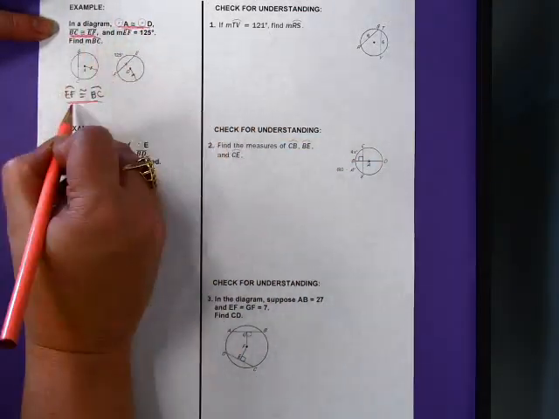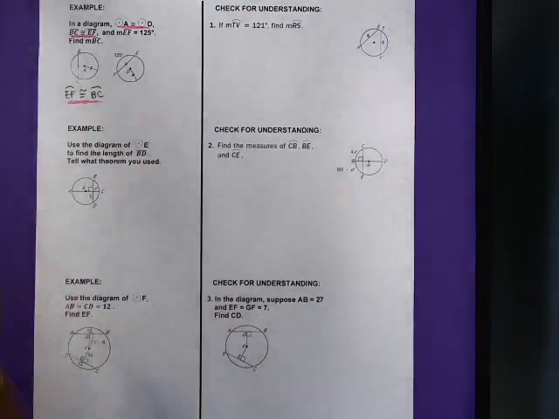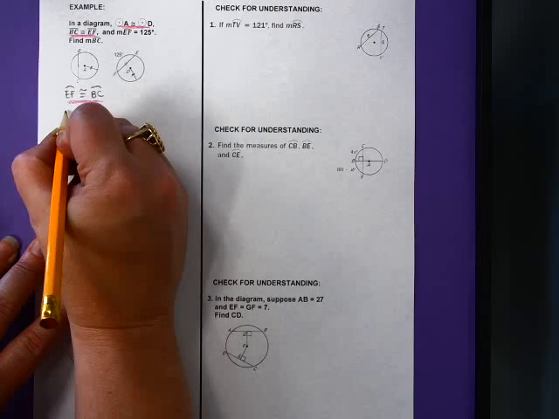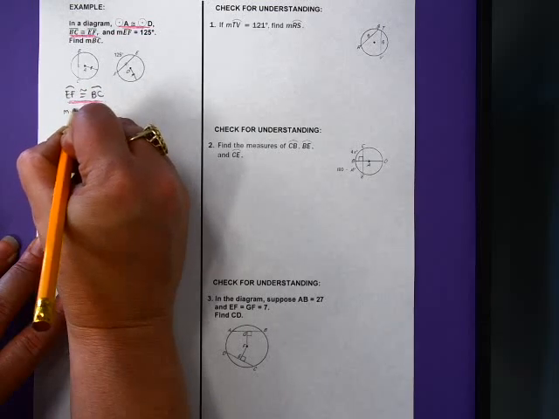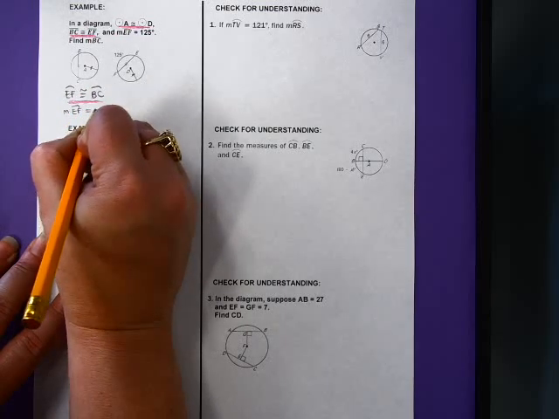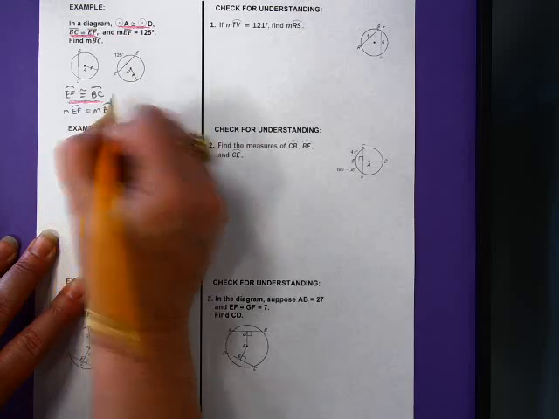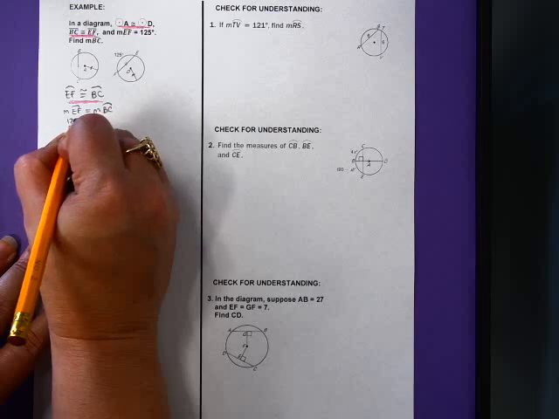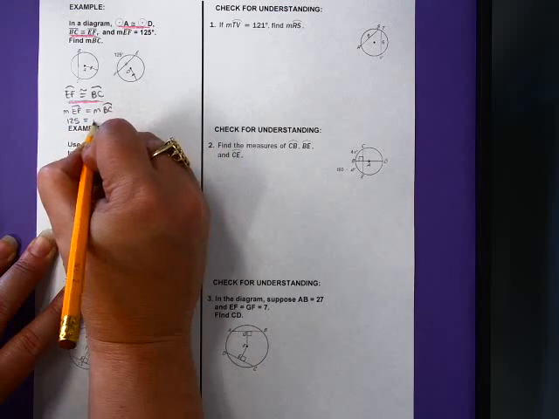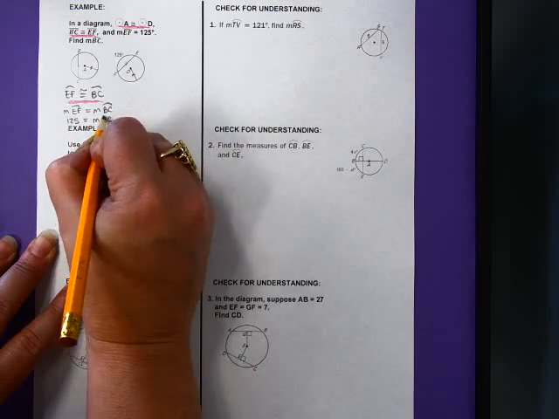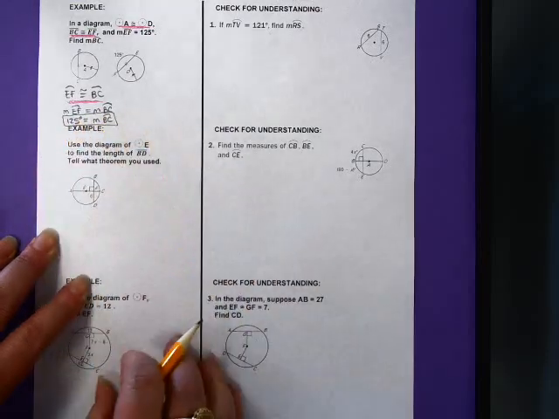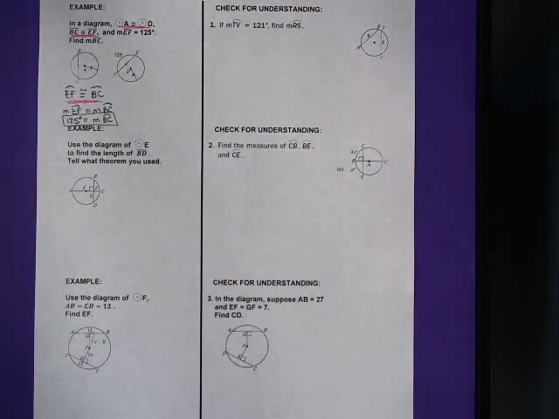Because of this and this, we know this. Alright, well, since we know that, then we know that the measure of EF equals the measure of BC. So since EF is 125, we know that that has to equal the measure of BC. There you go, 125 degrees. Make sure you put degrees.